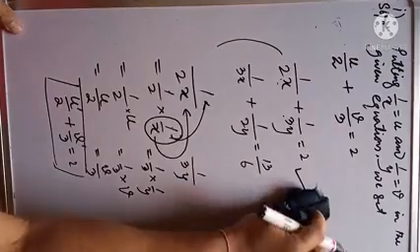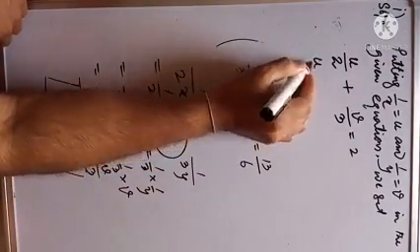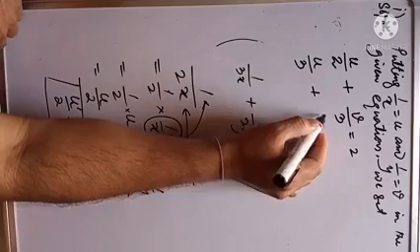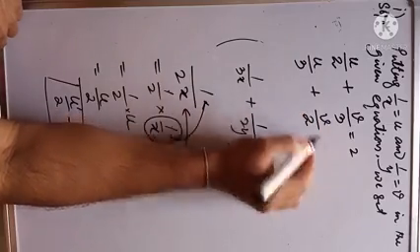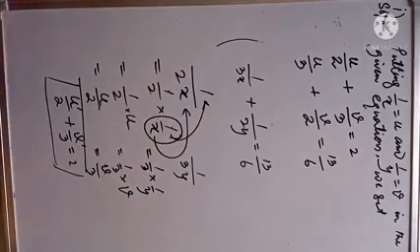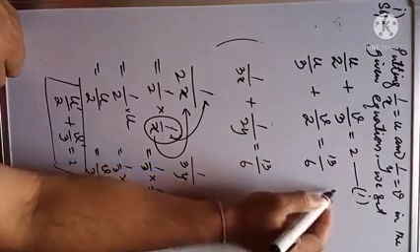Similarly, for the second equation, it will be u divided by 3 plus v divided by 2 equals 13 divided by 6. First I change them into linear equations, and I'll name them equation 1 and equation 2.